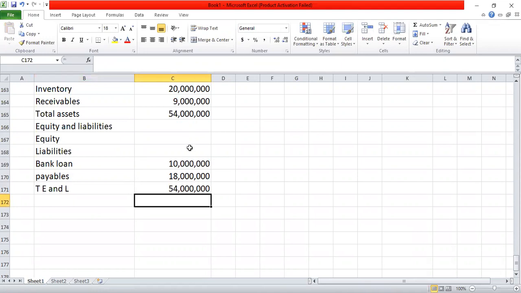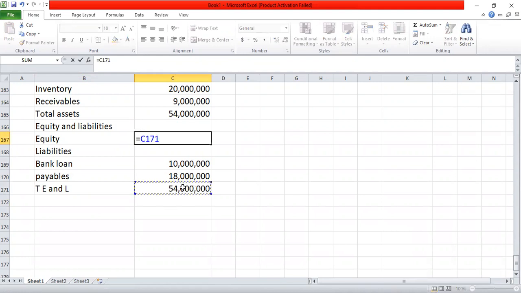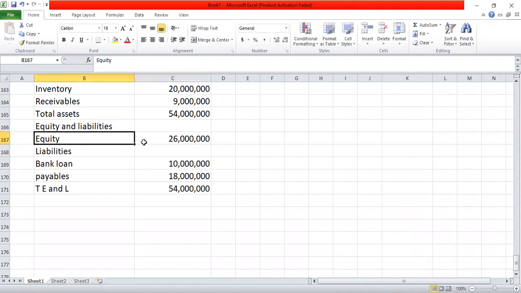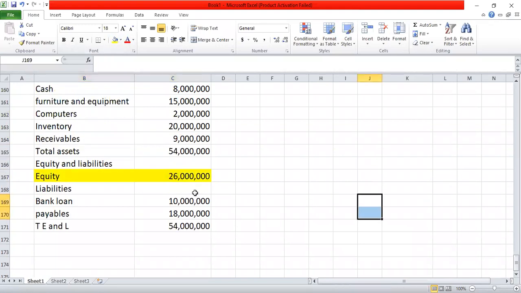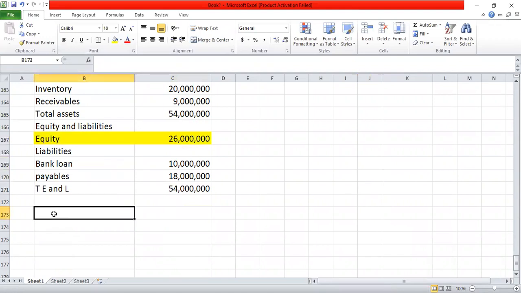The difference here will give me my equity, so I will get this minus this minus this. This is the equity the company had at the beginning, including capital. So what is the equity at the end, that is 31st December 2021?